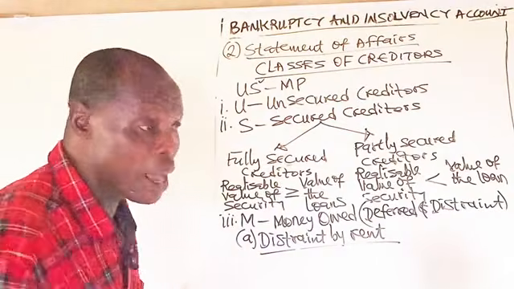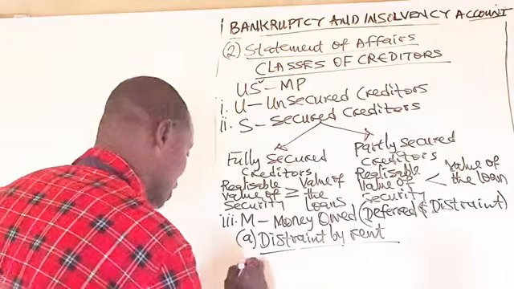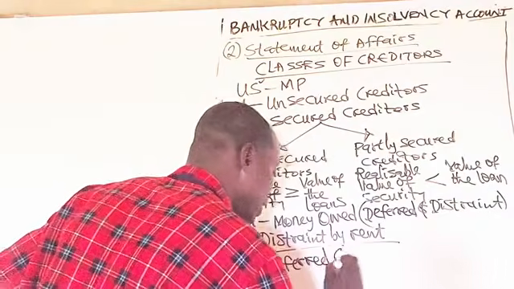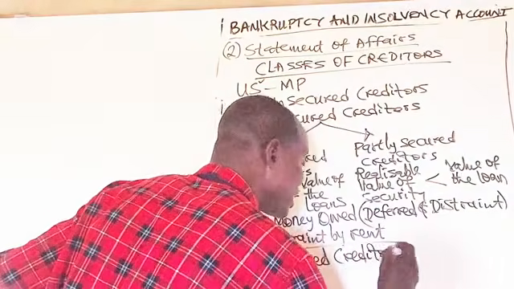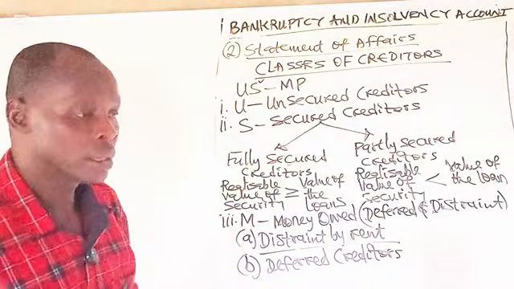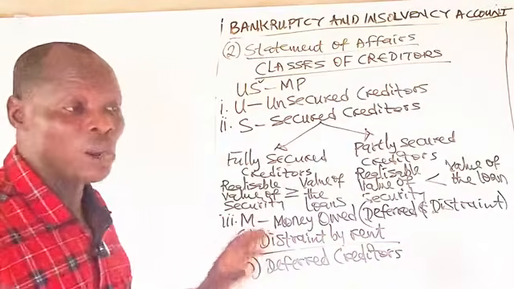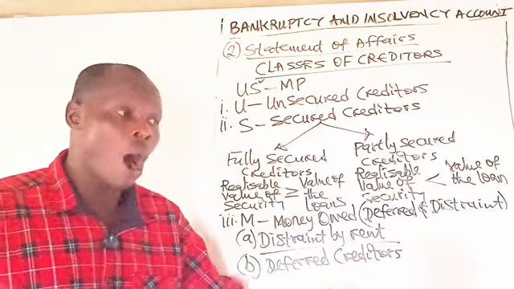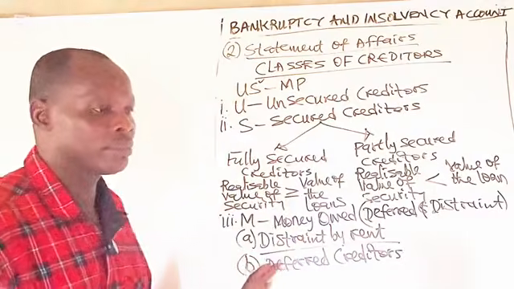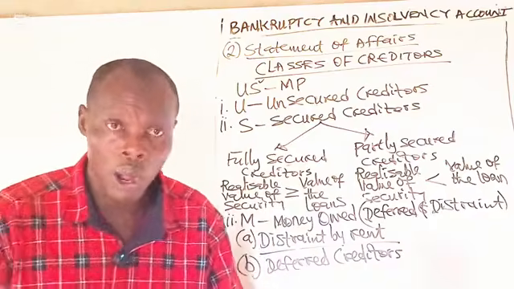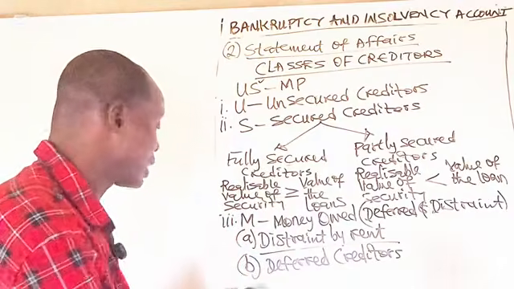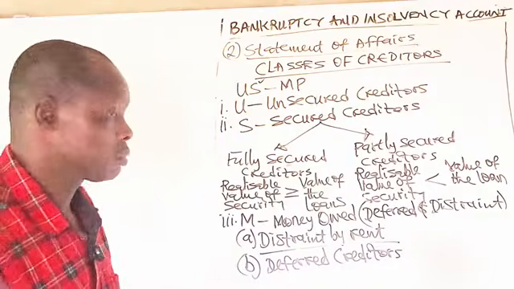Then after that, we have deferred creditors. Deferred creditors are the last in the line. Examples of deferred creditors are loans from a spouse or partner that are contractually subordinated.